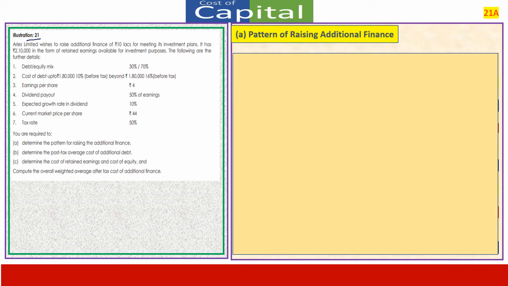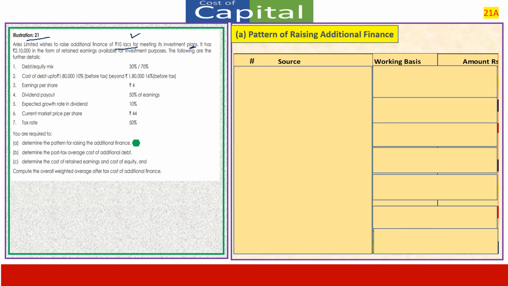This is quite interesting. Aris Limited wishes to raise additional finance of 10 lakhs for meeting its investment plans. Means they are raising 10 lakhs for additional finance. It has 2,10,000 in the form of retained earnings available for investment purposes.